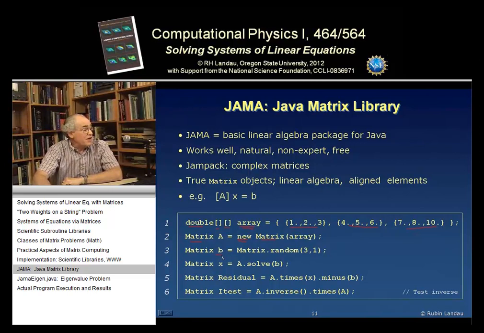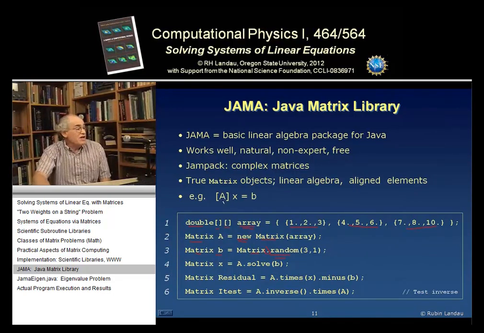Here we say, let's define a new matrix. So there's Matrix, B, and new. We don't have to say new here because we're doing something else. Here we're saying matrix B is now a 3 by 1 matrix, so that's a vector, and we're just filling it with random numbers. The dot operation here is standard for objects, and it says just fill that up with random numbers. Pretty neat. Now let's do something. Here's our problem.